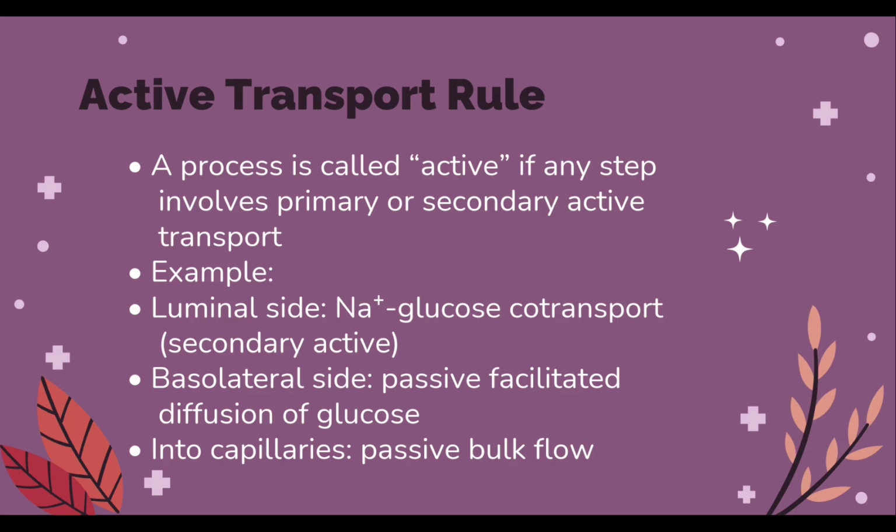So in this sodium-glucose transport mechanism there are 3 steps, but only 2 steps are passive and 1 step is active. If any step is primary or secondary active transport, the process is called active. So the 1 step involves secondary active transport, so we call the whole glucose transport mechanism an active transport.